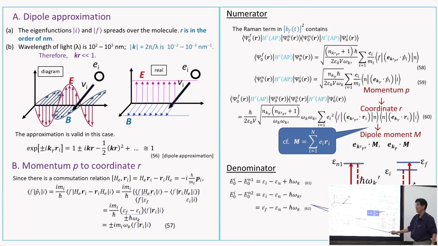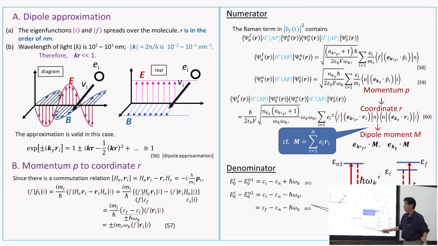H_e i is replaced with energy E_i times wave function i. Then E_f is a scalar quantity, so it comes outside of the integral, and r remains.